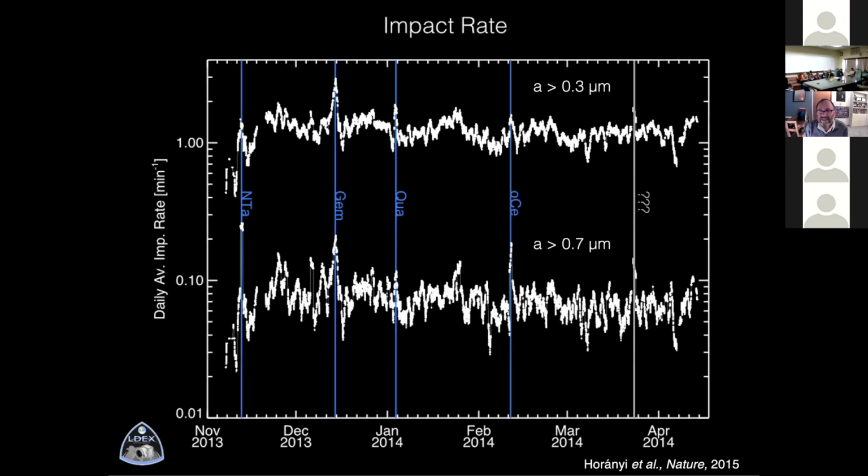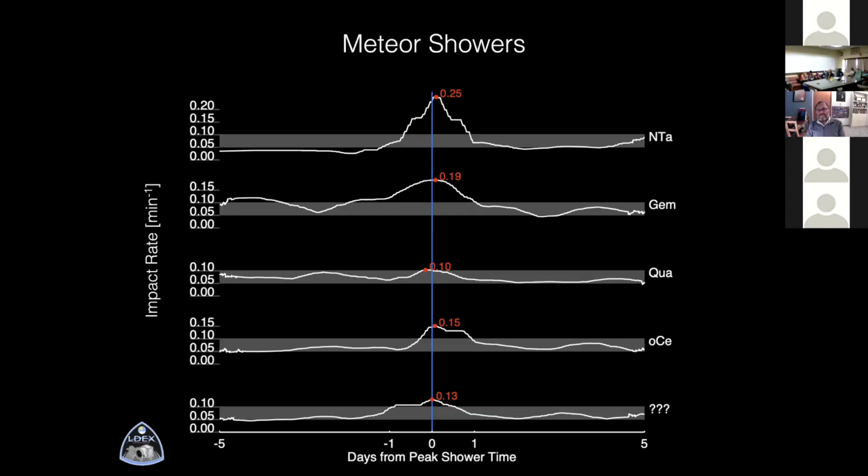So let's go back to this impact rate plot and look at these special periods. These were the meteor showers that we recorded. There were many more, but the range of particles these ejecta particles can reach is not very large. So the spacecraft was confined to the equatorial region, plus or minus 20 degrees or so.